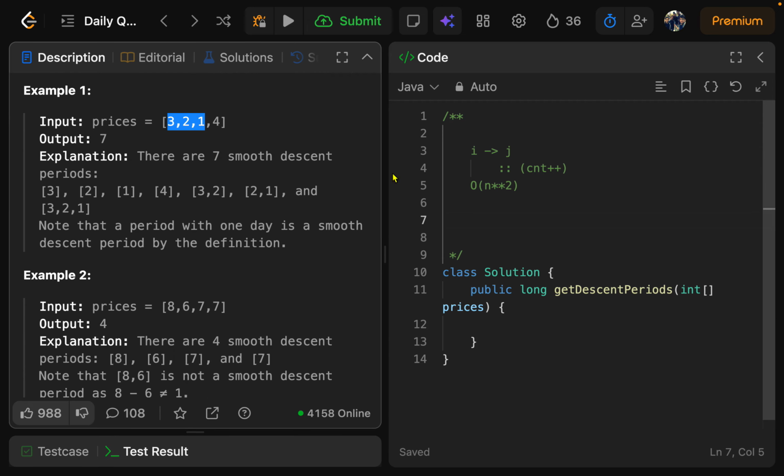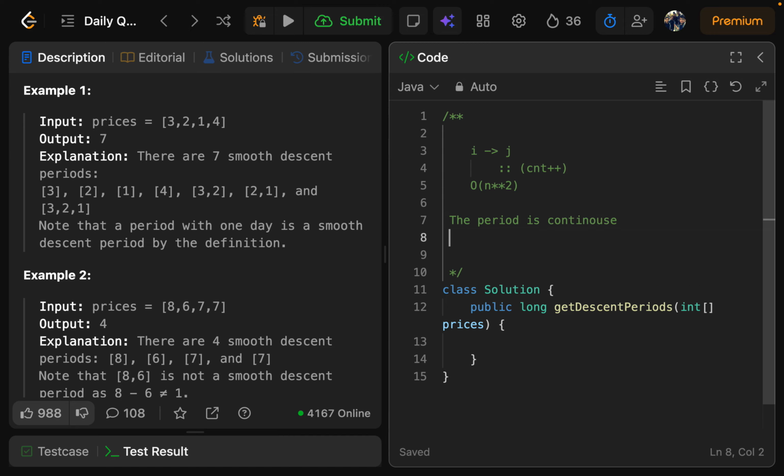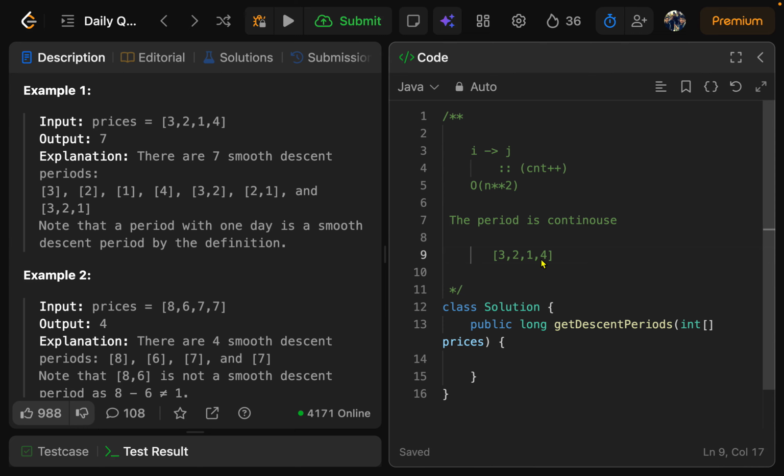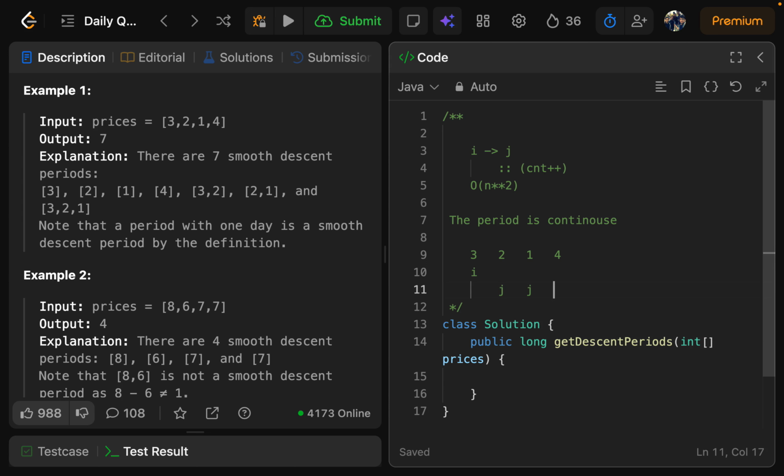One thing which holds true for this problem is that the period is continuous. So in this example, we go from 3 to 2, where we take i from 3 and j incrementing from this.